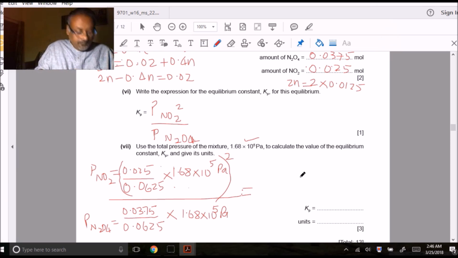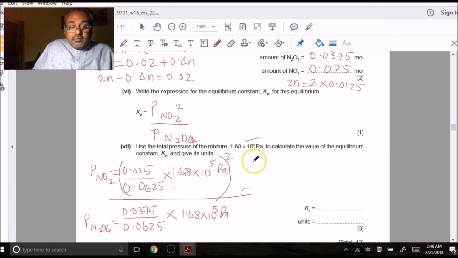Let's try this out. So that's 0.4 times 1.68 raised to power 5.